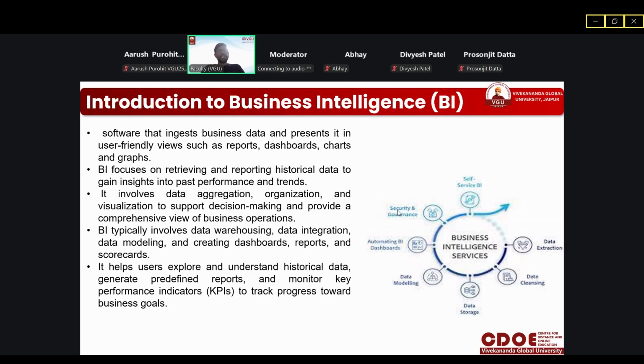BI typically involves data warehousing, data integration, data modeling, and creating dashboards, reports, and scorecards. So where does BI work? BI is part of big data. We store a large amount of data, then integrate the data, apply different kinds of modeling, and then get a result in the form of dashboards, reports, and scorecards. It helps user exploration and understanding of historical data.